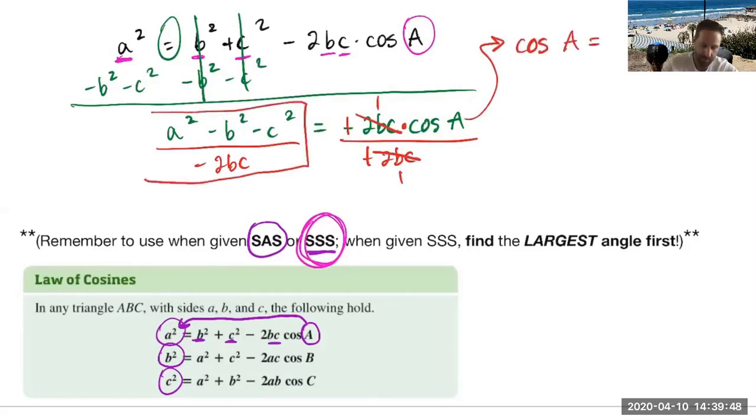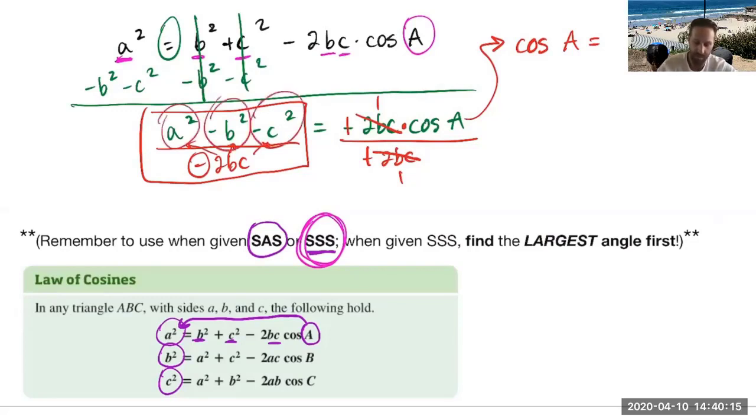this. Now, the one thing that we don't typically like is to divide by negatives, just like we don't like dividing by square roots or imaginary numbers. So the only thing I'm going to do is take this negative. I'm going to leave the 2 in the bc because I can't divide that. I would have to do it into each one of these things. So I'm going to take that negative and I'm going to divide it into each and every one, which is just going to change the sign of every single one of those things.